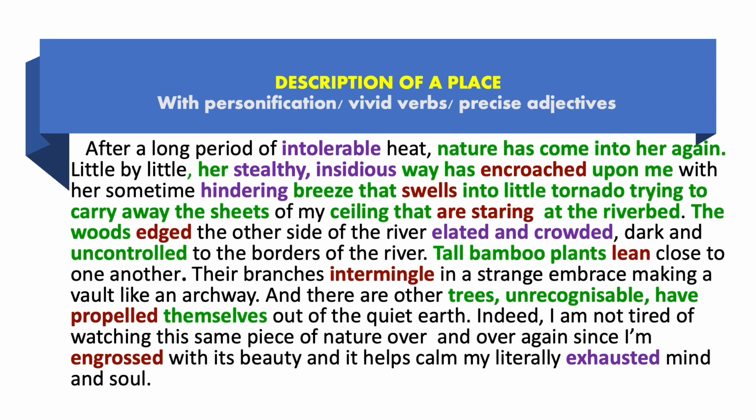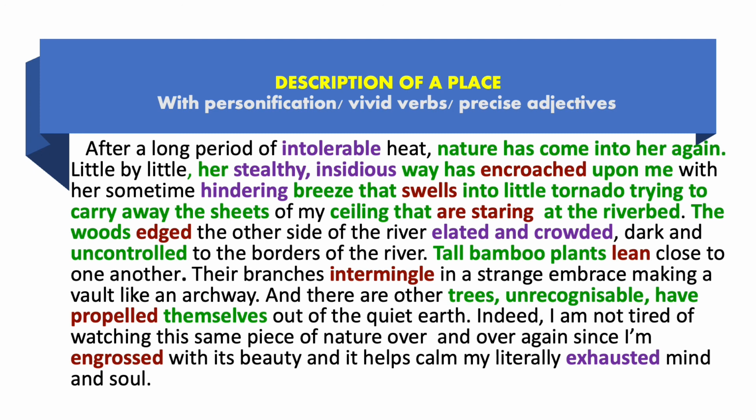Here, personification is used abundantly to give life, to enhance the beauty of this landscape. An active verb, come, and the possessive pronoun her personify nature. In the same way, active verbs swell and carry are used for the breeze, and lean, intermingle, and propelled are used for trees to give life to the place.